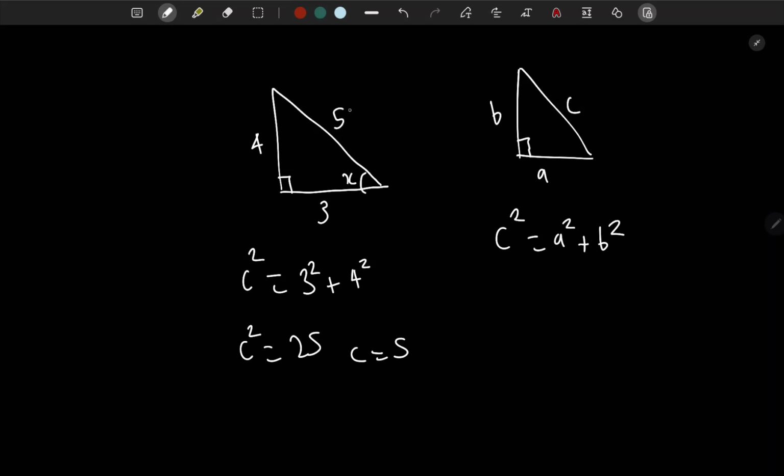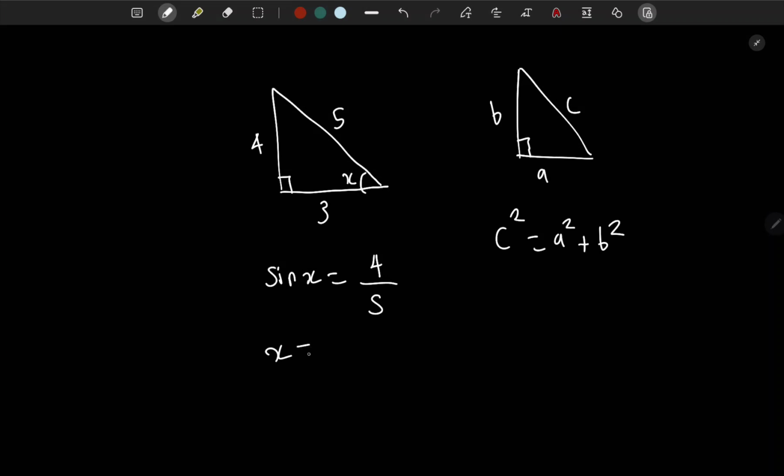So now we know that this is 5, and now we can use any of the trigonometry functions to find x. Let's use sine here. So sine of x is going to be opposite, which is 4, over hypotenuse, which is 5. And to solve for x, we can bring sine over to the other side and make it inverse.